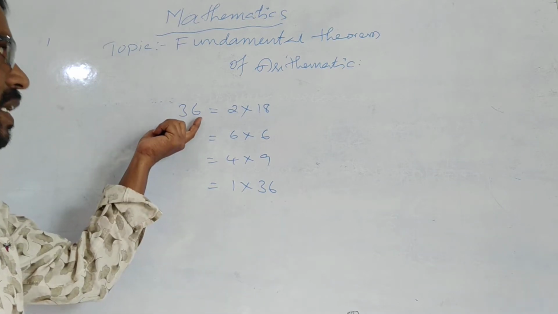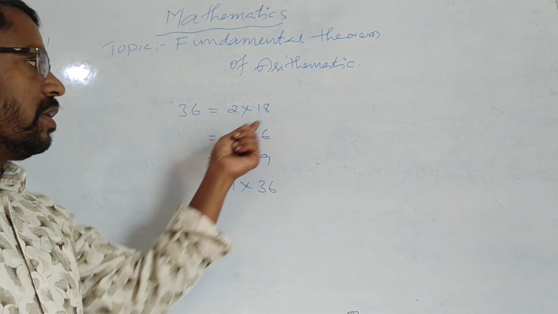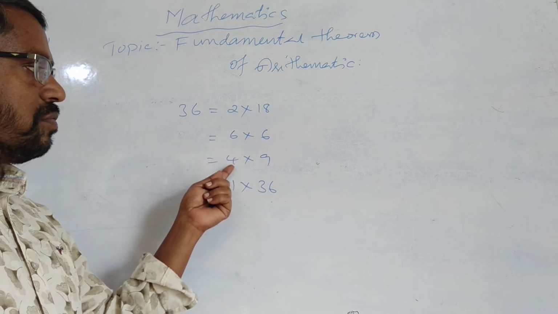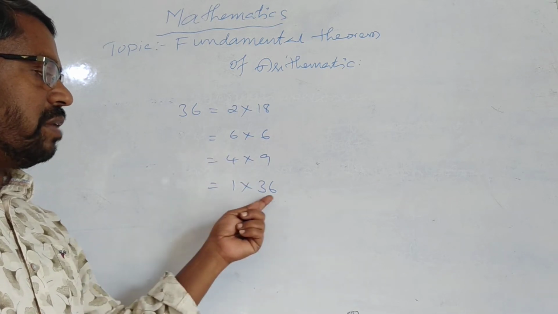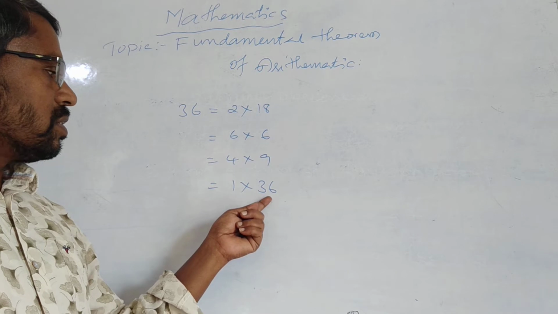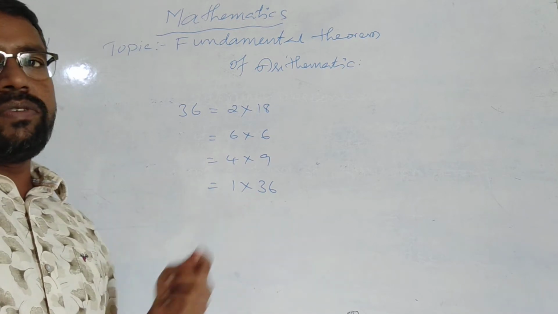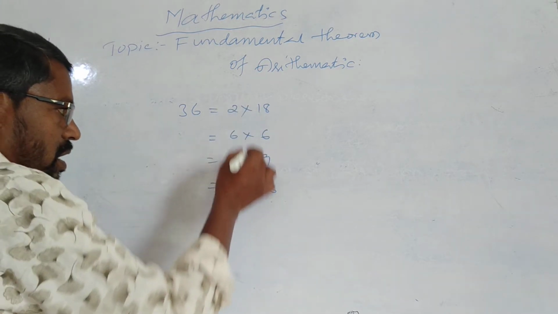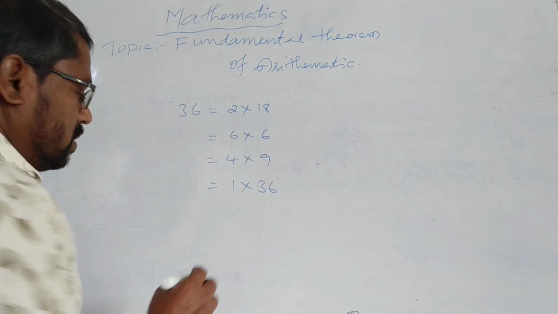So 36 is a multiple of 2, 18, 6, 4 and 9, and every number is a multiple of itself, so 1 into 36 we can write. All these are called factors of 36.